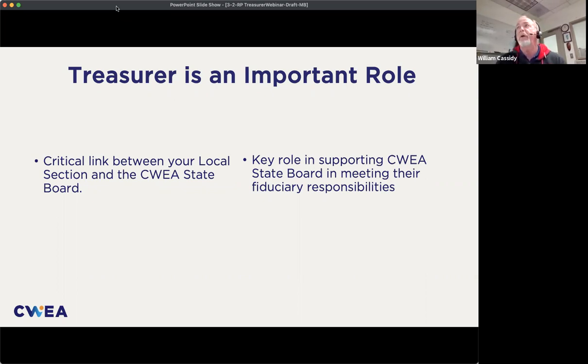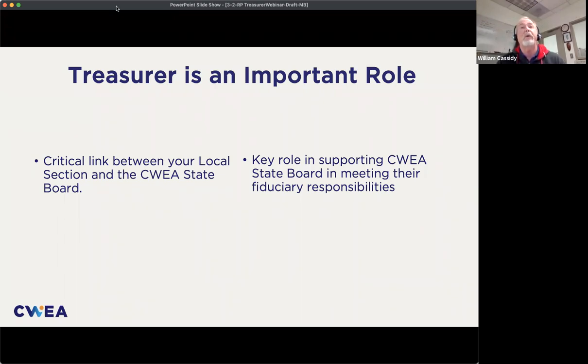It is also an important role in that you're part of the planning because you help with the budget. That's part of your responsibilities.